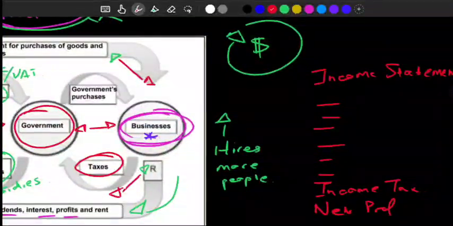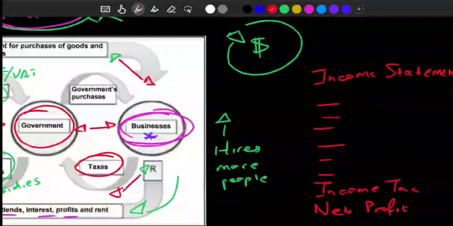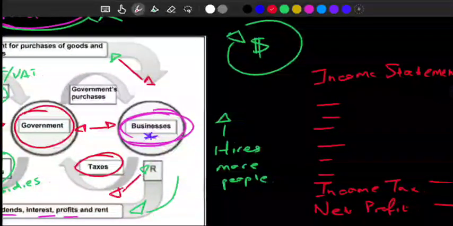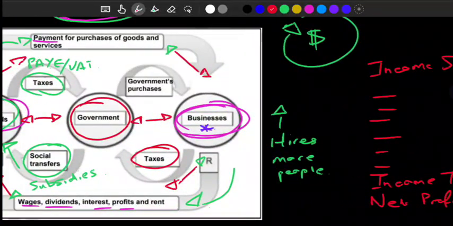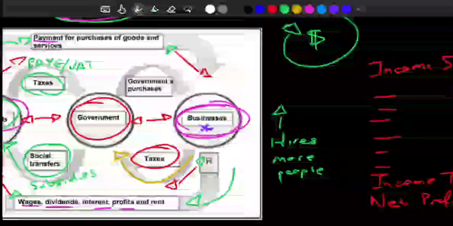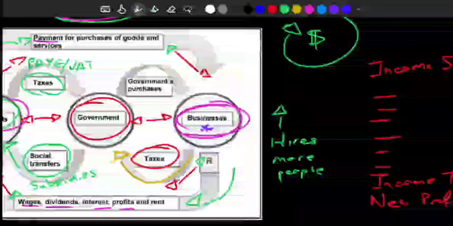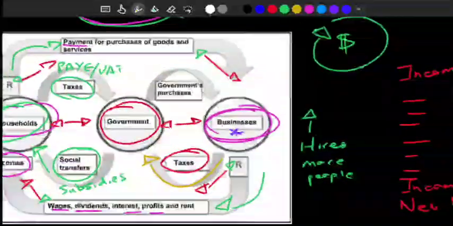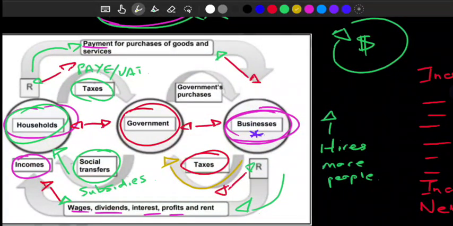For those who don't do accounting, I'm sorry, but yeah. You have your income tax, and this income tax is the one that is paid to government, right? This can go into 100,000s and 200,000 and so forth, but this is to ensure that the government has enough money to give social transfers, but also government purchases, right?